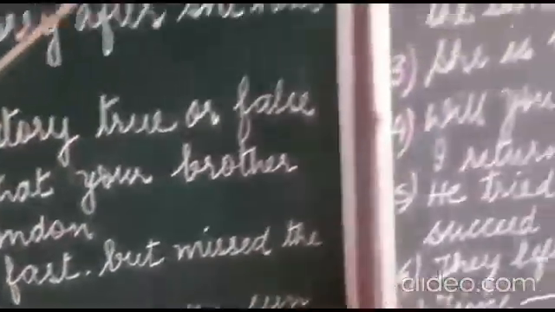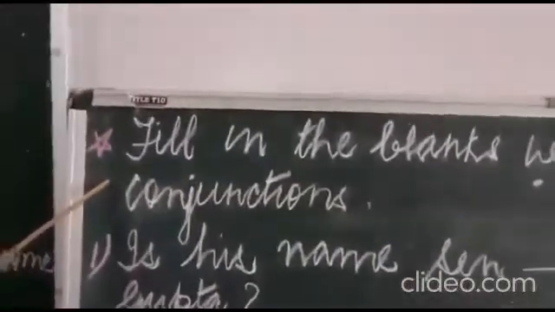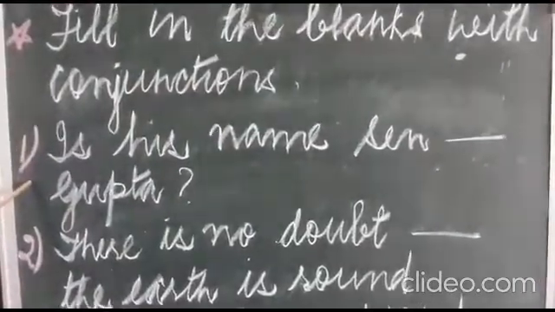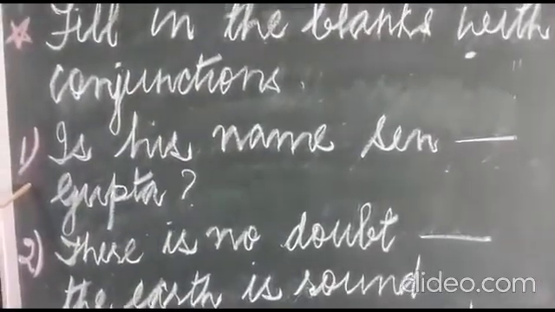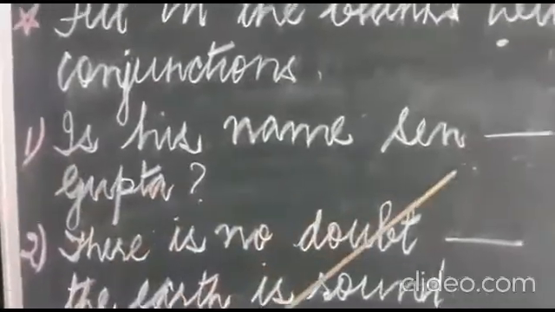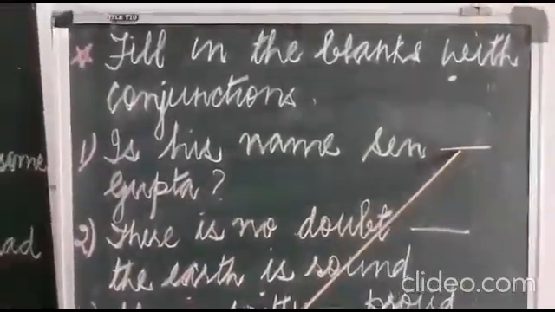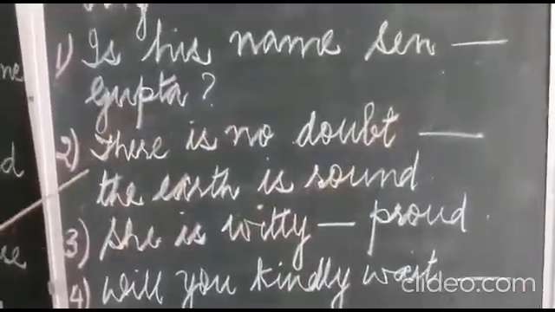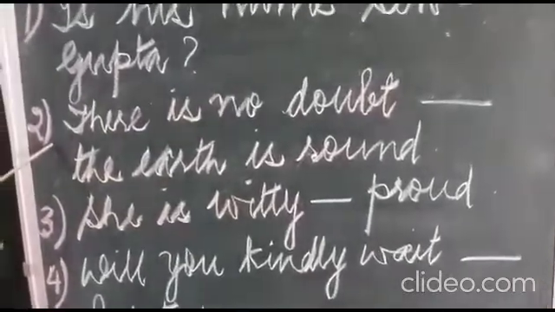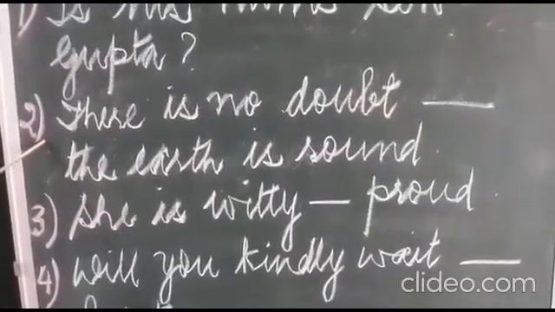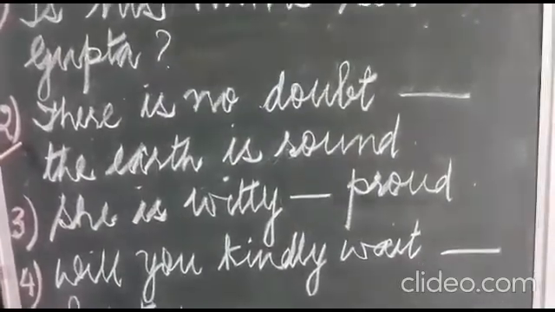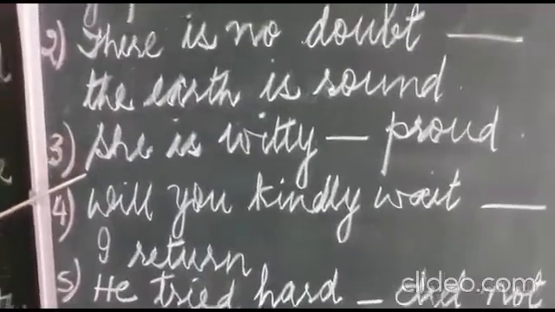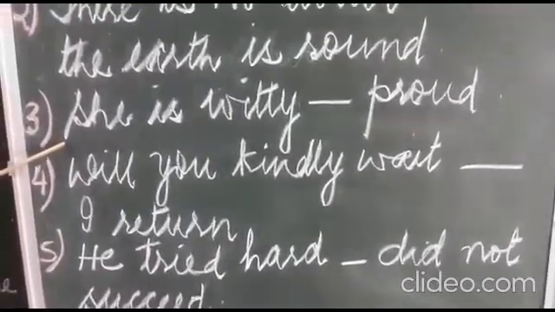Now, next exercise. Fill in the blanks with conjunctions. First one, is his name Sen or Gupta? Okay, the first one is or. I'm calling out the answer, or Gupta. Second one, there is no doubt dash the earth is round. You have to fill that with conjunction. She is witty dash proud.